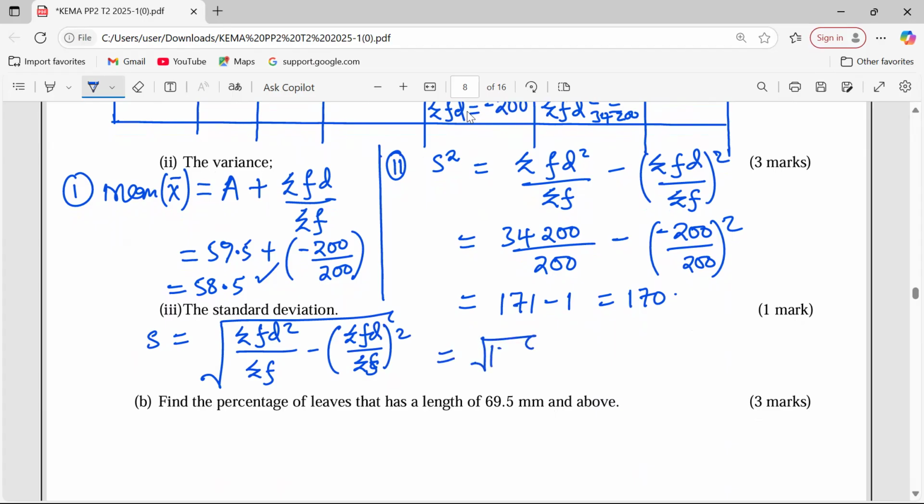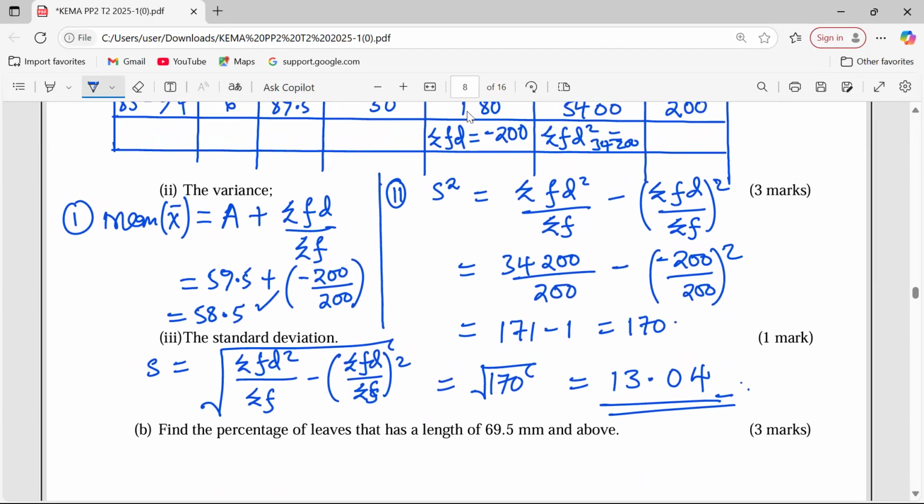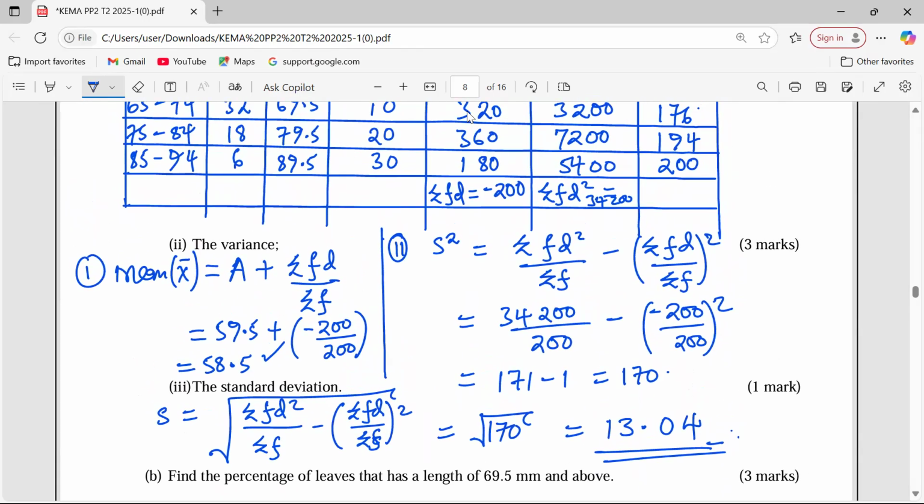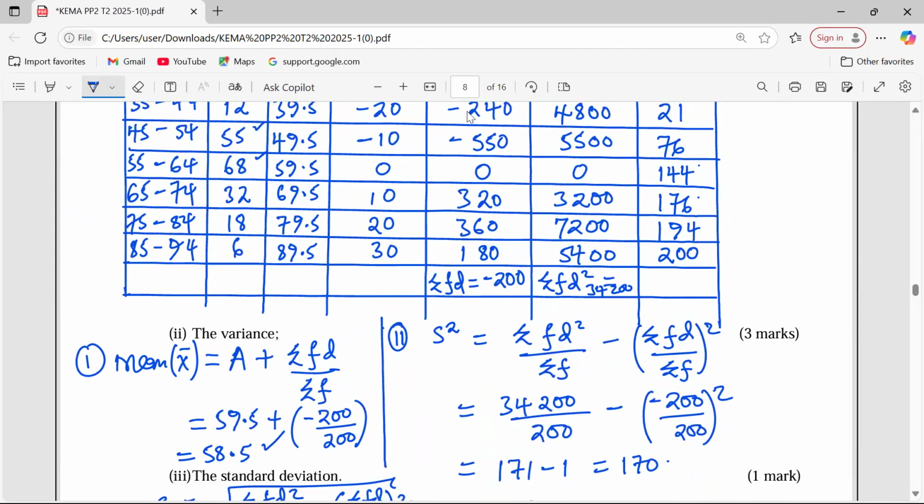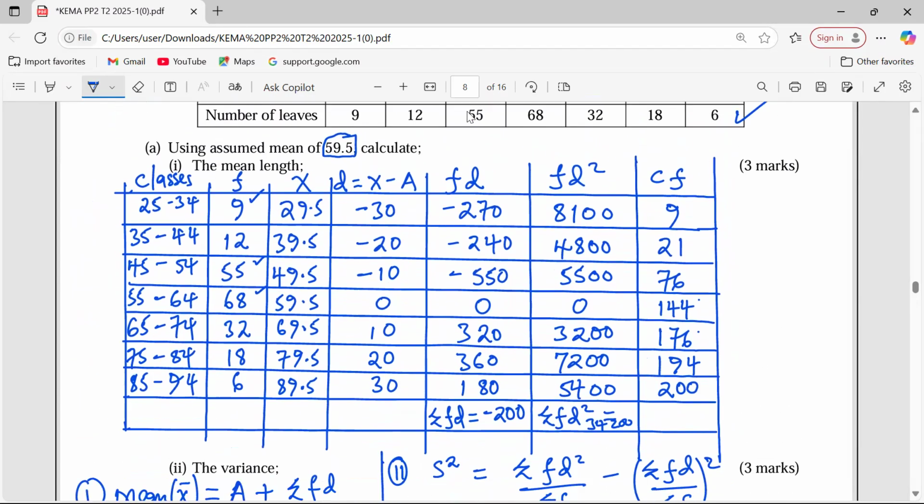So we just need the square root of 170. Remember, this can be our answer in third form, but we can still proceed and ensure an accuracy of 4 significant figures. Yeah. So we have now done the part A, which is having 3 parts, completely done.